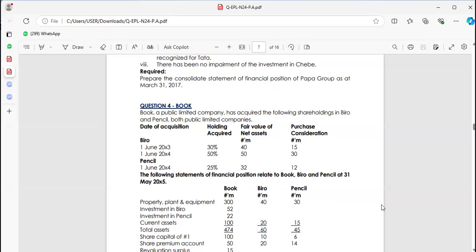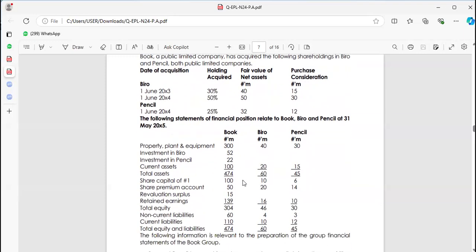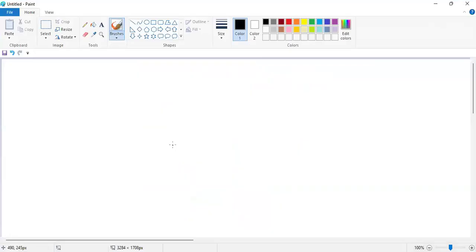You will now use your maths knowledge. What is the share capital? 10 million, nominal value 1 naira, so 10 million shares. I will now use my maths knowledge to determine it. Let me show you. In case you are not given the fair value of the previous investment, you now calculate it.